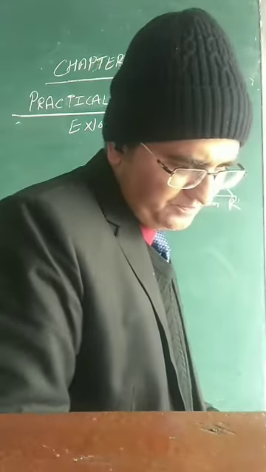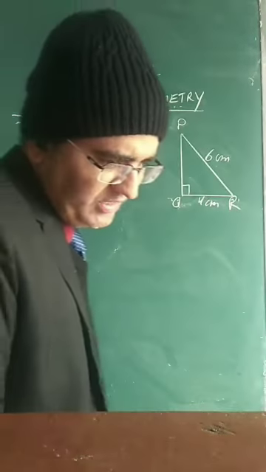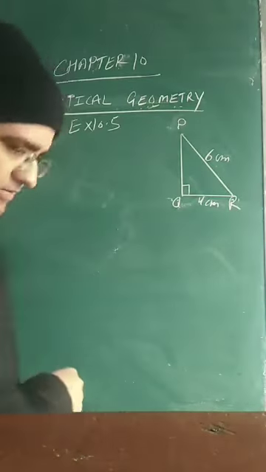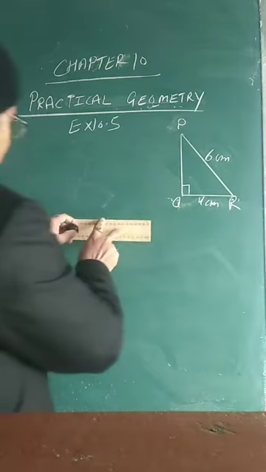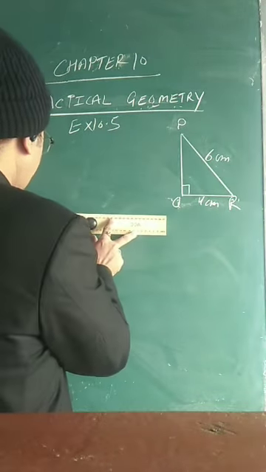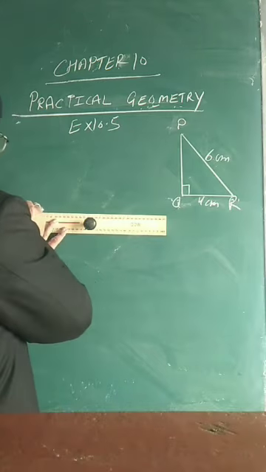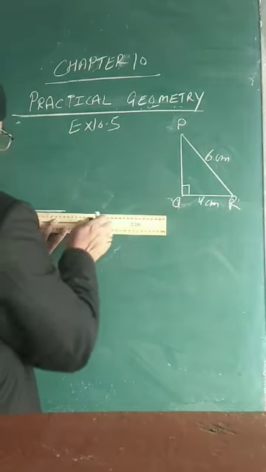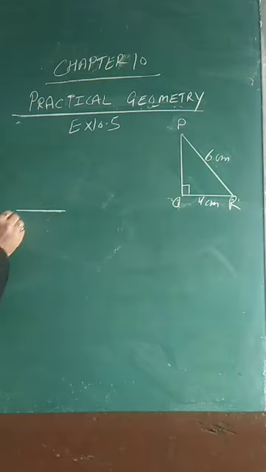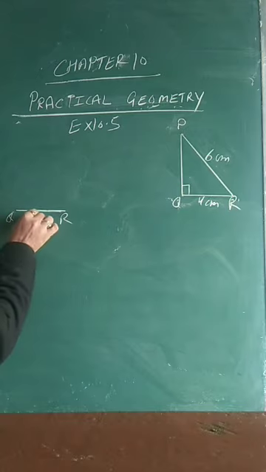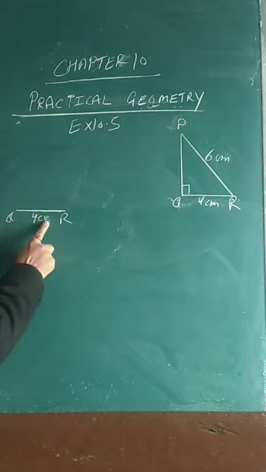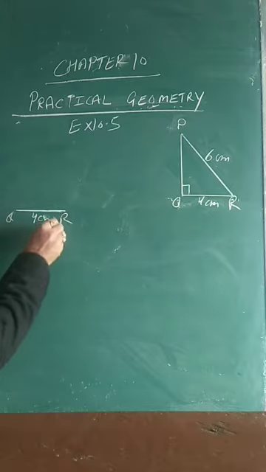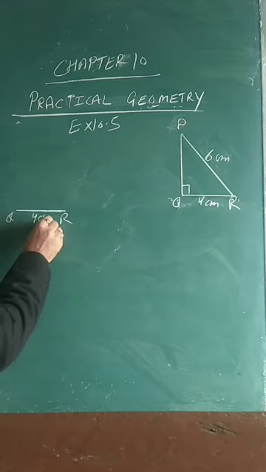Now, starting with the base. So base is given here 4 centimeter, right? So this is question number 2. So we are taking base here. So this is base, that is QR, which is equal to 4 centimeter. Now at Q we have to draw perpendicular. So how to draw the perpendicular?